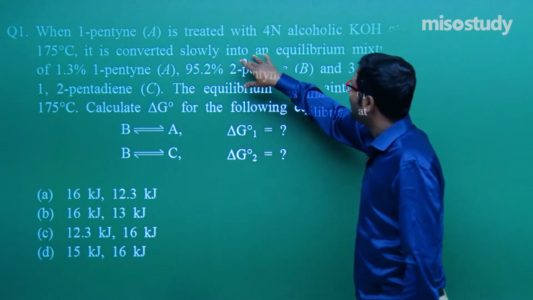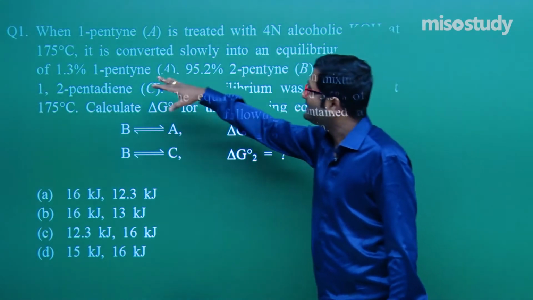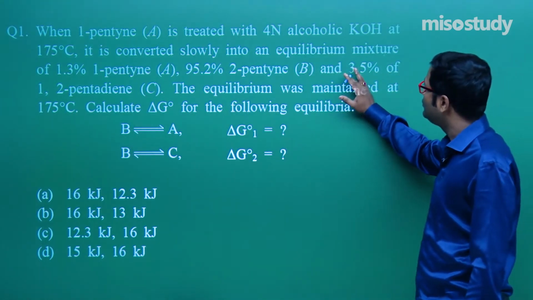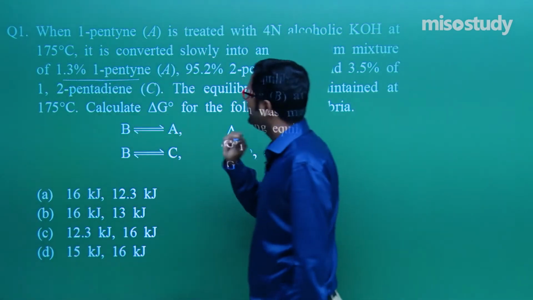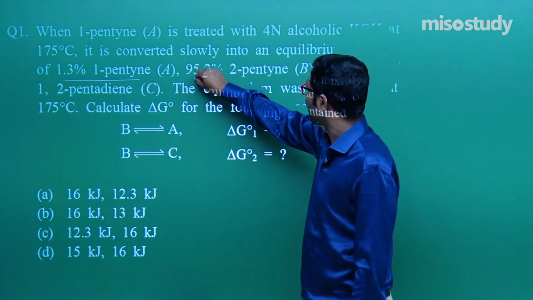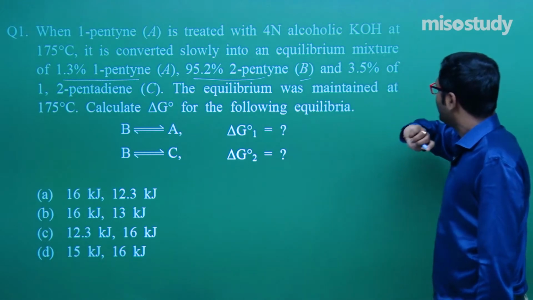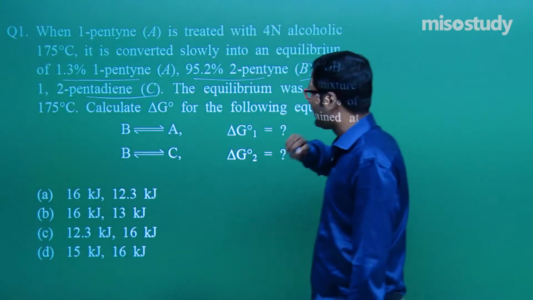When 1-pentyne is treated with 4 normal alcoholic KOH at 175 degrees Celsius, it is converted slowly into an equilibrium mixture of 1.3% 1-pentyne A, 95.2% 2-pentyne B, and 3.5% of 1,2-pentadiene C. Clear?